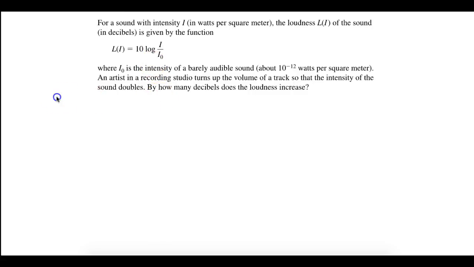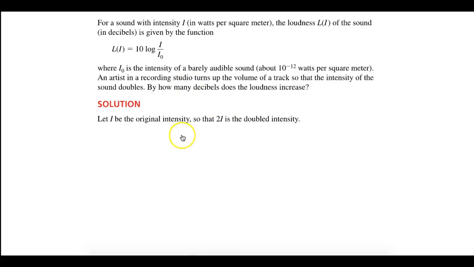So first, we're going to say that I is going to be the original intensity. Again, it doesn't matter what it is, we just know it doubled. So if we let I be the original intensity, then 2 times I is going to be the doubled intensity. So that's what the intensity originally was, and then the intensity after the volume was turned up.